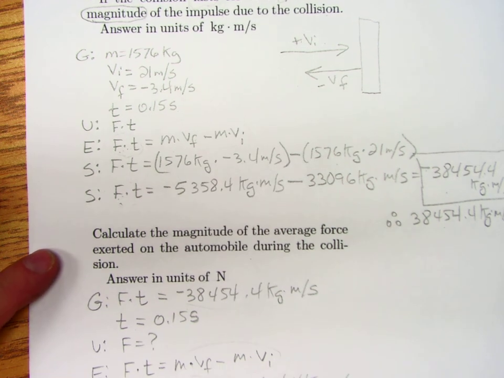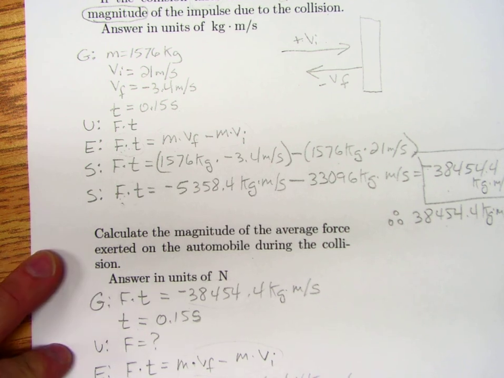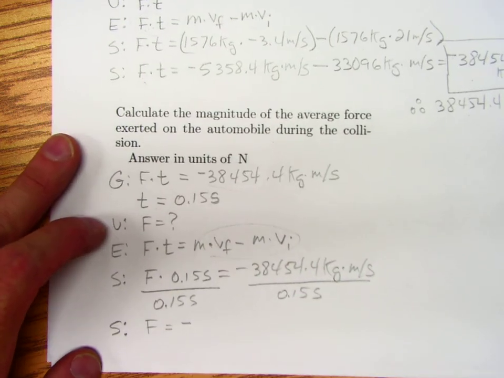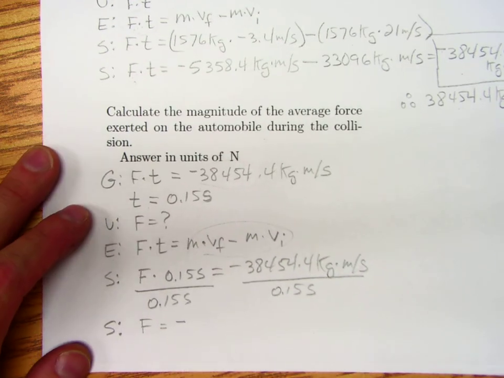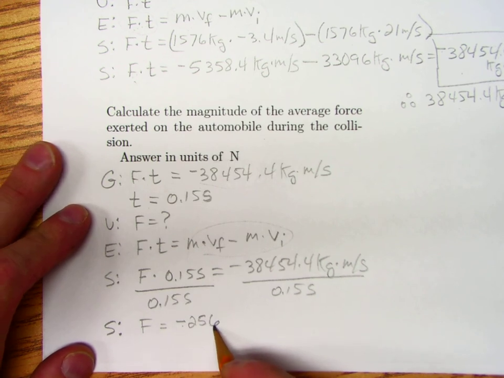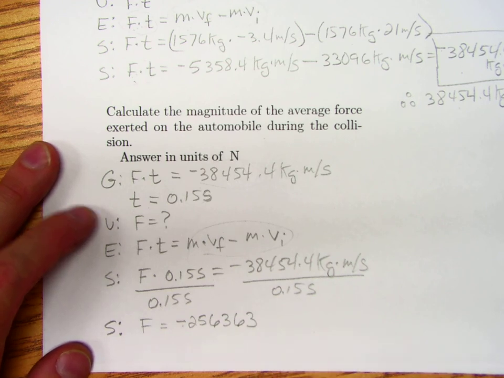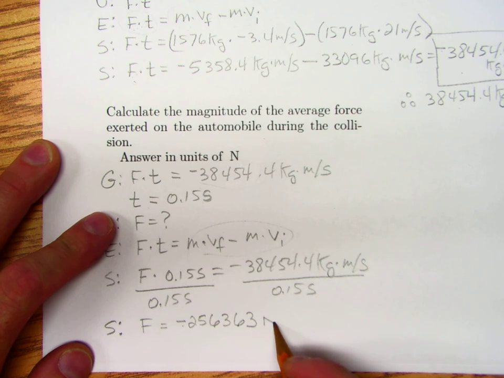Divide both sides by 0.15 seconds, and we get our answer, which is force is equal to negative 256,363. I rounded that. Newtons.